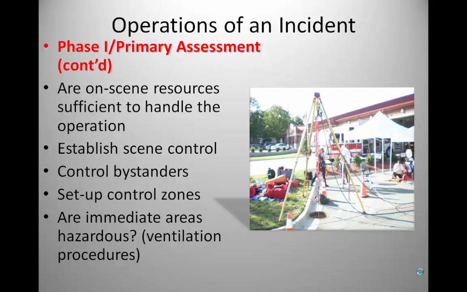And probably one of the more serious things to consider are the immediate hazardous areas. Dealing with confined spaces, the atmospheric issues are our number one problem. And it's very likely, if you've got a space that has one opening, you put good air in that opening, and bad air only has one way to come out.